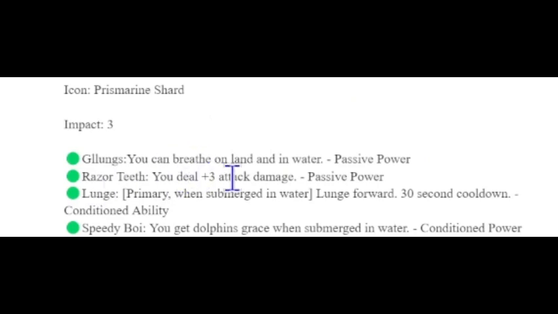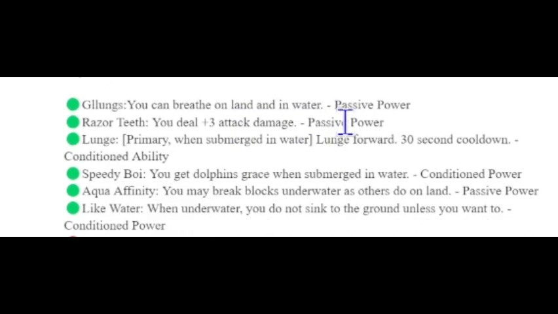Razor teeth, you deal +3 attack damage, also a passive power. There's no condition needed for this. Lunge. Primary when submerged in water. Lunge forward, 30-second cooldown. Now, cooldowns are part of any ability. Having a cooldown does not make it conditioned, but this ability can only be used when you're submerged in water, meaning it is a conditioned ability.